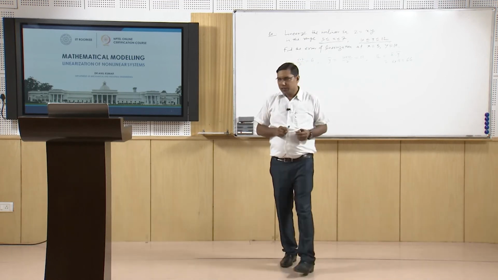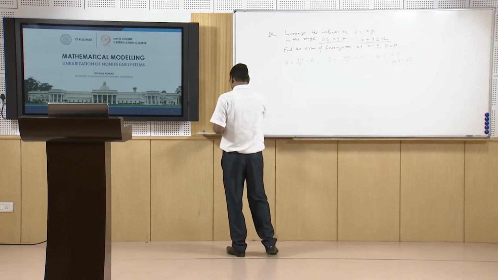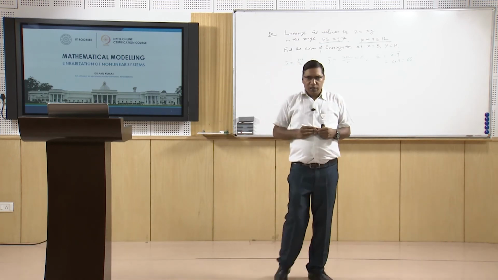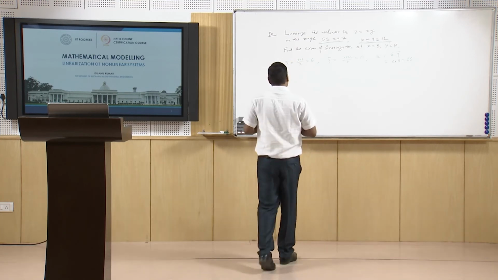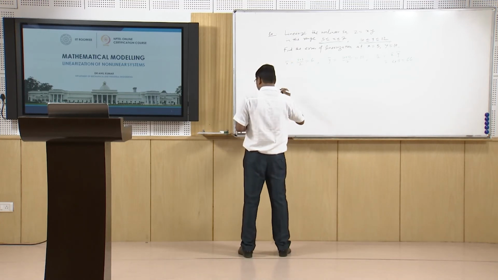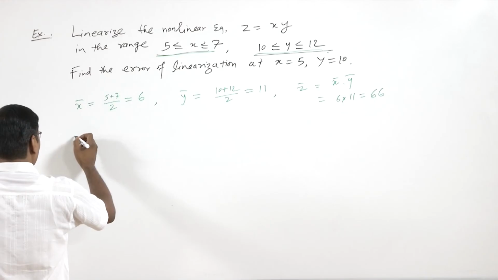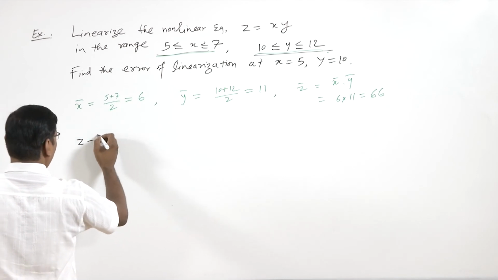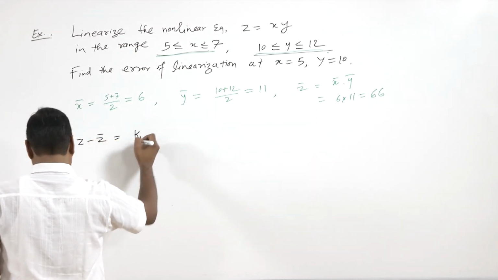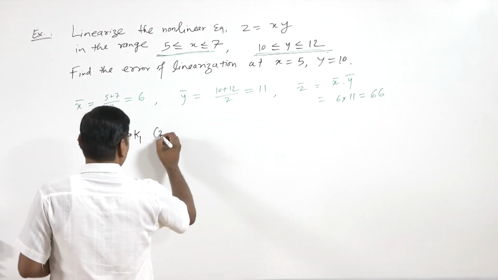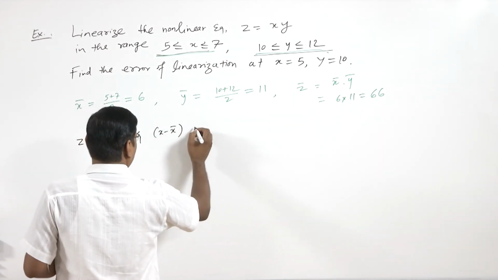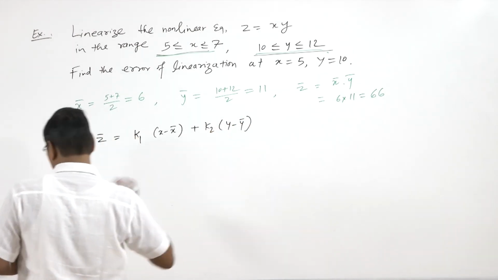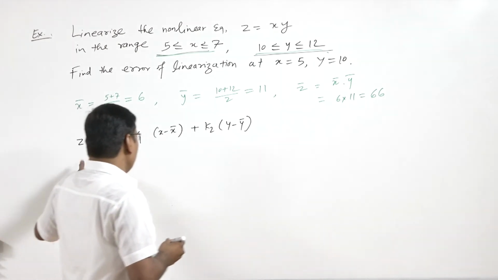Now, we just developed the equation for linearization containing two variables, and we can apply it here: z minus z bar equal to k1 into (x minus x bar) plus k2 into (y minus y bar). So, this is the equation.